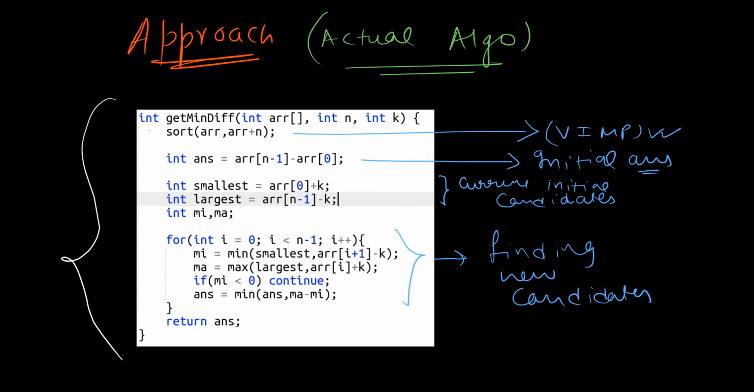The first thing we do is sort our array, and you now know the reason for sorting. The next thing is we take the current answer, the current maximum difference between the heights of the towers without applying any increment or decrement. In a sorted array, it will be the largest tower minus the smallest tower.